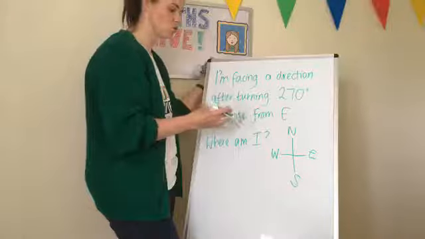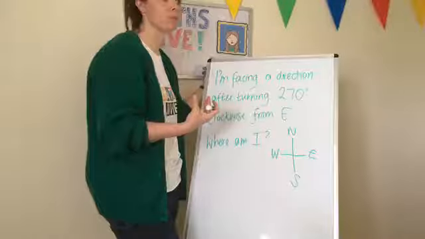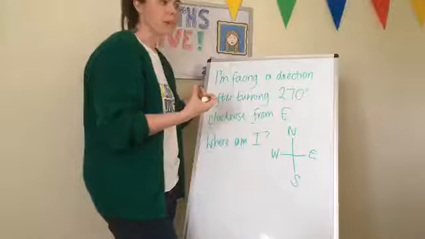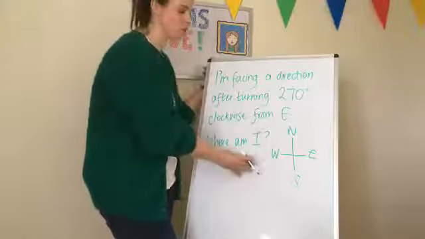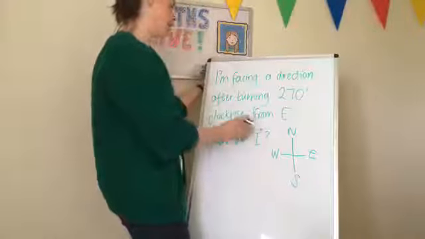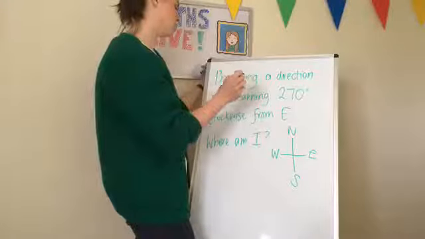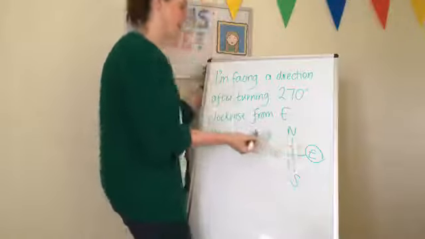So just draw out the compass. I love drawing when I'm doing word problems because it breaks up the problem. I'm trying not to do it as much mentally as on the page. So I'm facing a direction after turning 270 degrees clockwise from east. So east is in there.